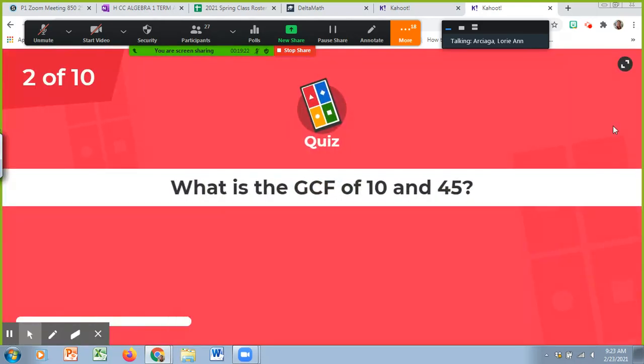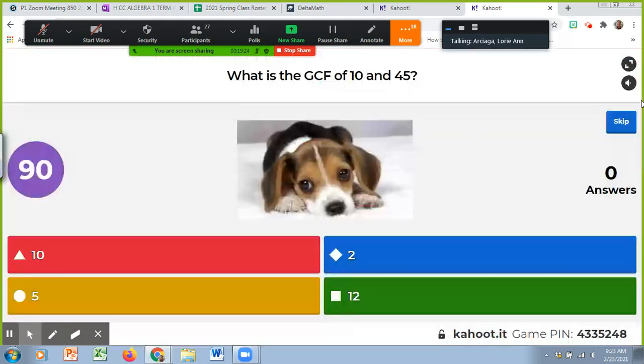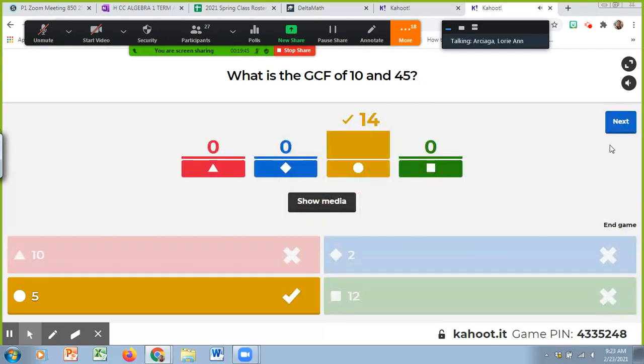Bald Rooster, you're first. 10 and 45. 5 seconds. All right, skip.